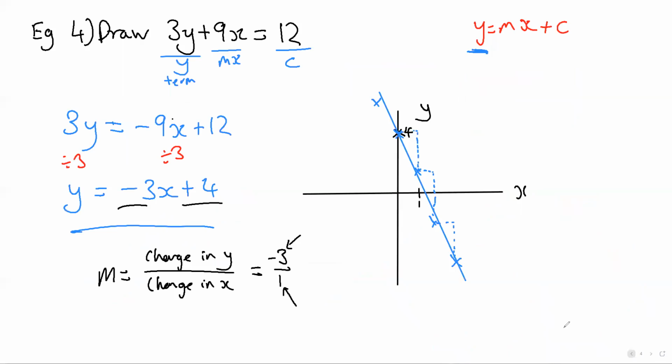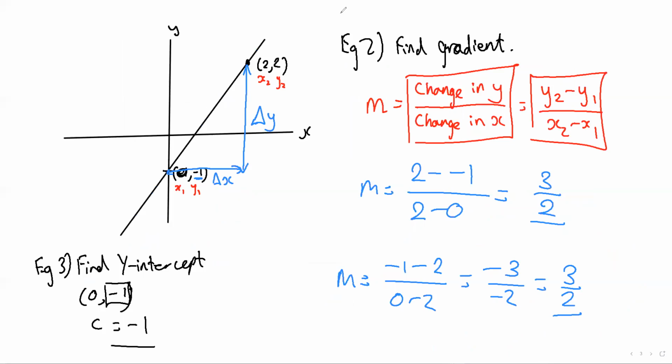Okay, so now to finish off, I told you that you can find the equation, and we did. We found the equation of this line here when we had 2 coordinates, and you're expected to know that.